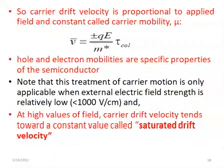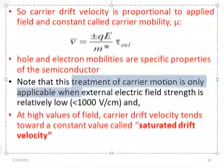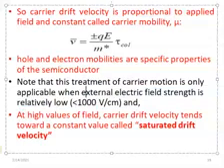And the hole and the electron mobilities are specific properties of a particular semiconductor, which means the mobility of holes in silicon is different from that of germanium, is different from other semiconductors. Each semiconductor material has its specific drift mobility or velocity. And also we should understand that this formula for calculating the drift velocity is applicable only when the electric field we apply is relatively low, less than 1000 volts per centimeter.